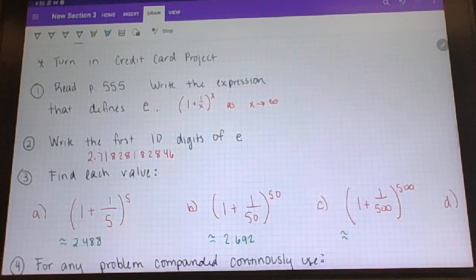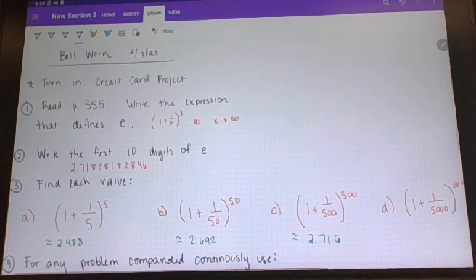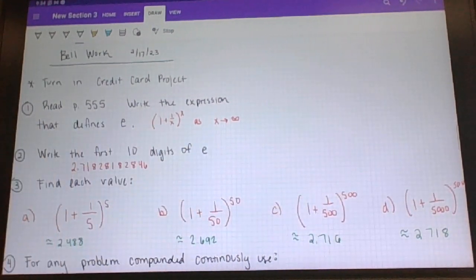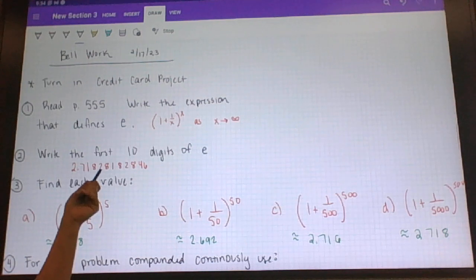With a 500, 2.71. And there it is, there's the 2.71. And then with the 5,000, 2.718. So we could go to 5 million next, and it would be even closer to the 10 digits, and then 5 billion, and then 5 trillion. And it keeps approaching this number.